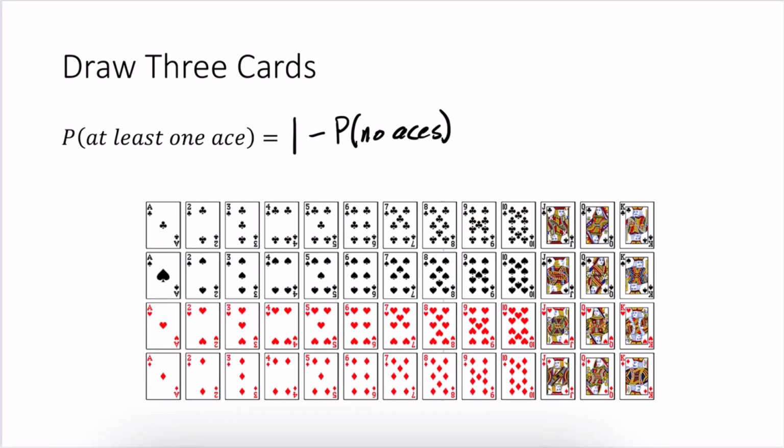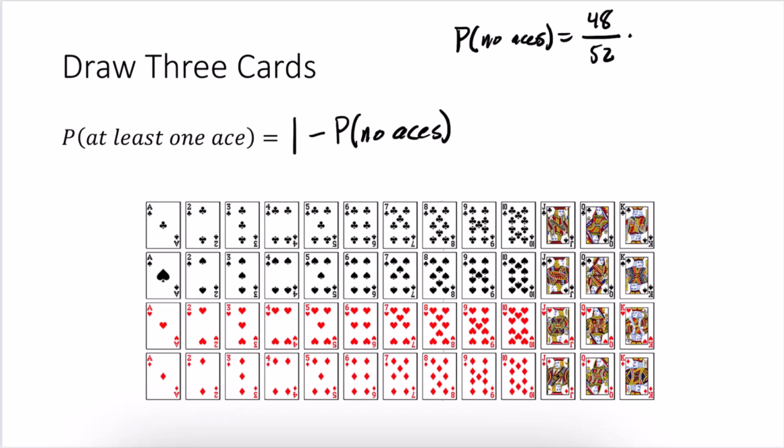And so what's the probability of getting no aces? For my first card that I draw, I have 52 options, and the number of those cards that are not aces is 48, because there are 48 non-aces.